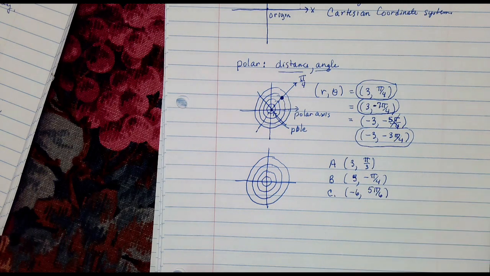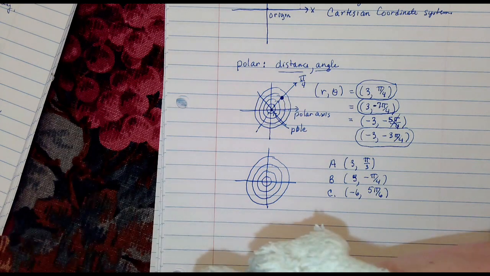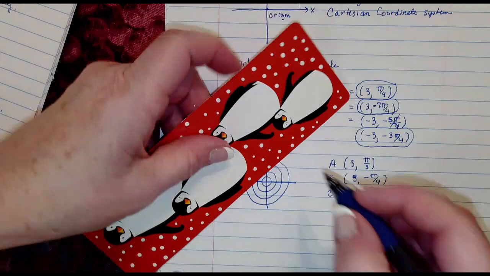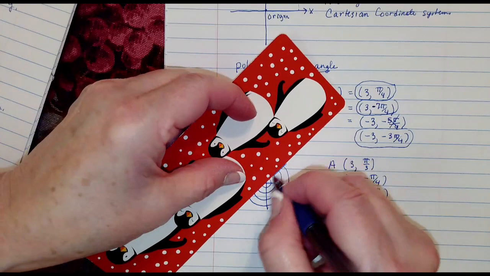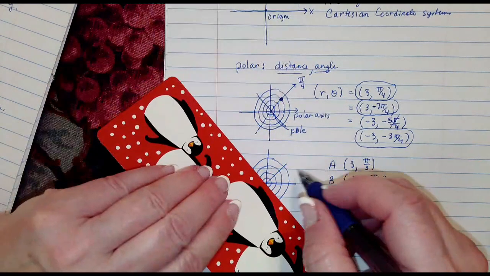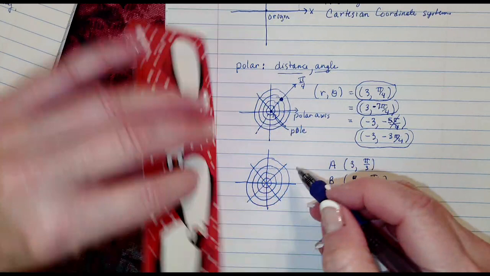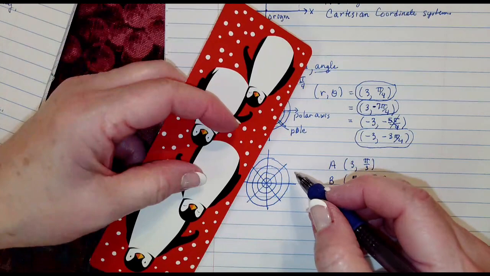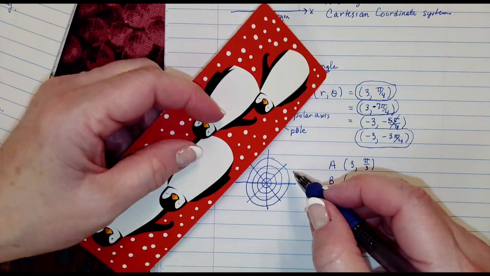Now, sometimes it helps to have a straight edge when you're doing these so that you can draw your lines a little better. So my one is going to go down the center. And then I'll see if I can get my pi over 3 in here without it being too crooked.